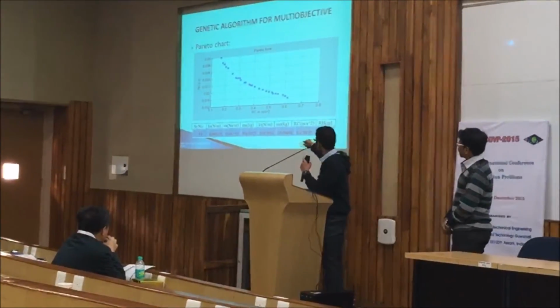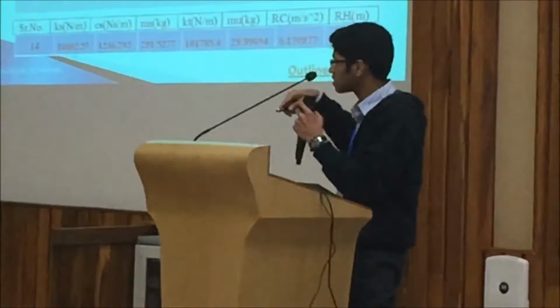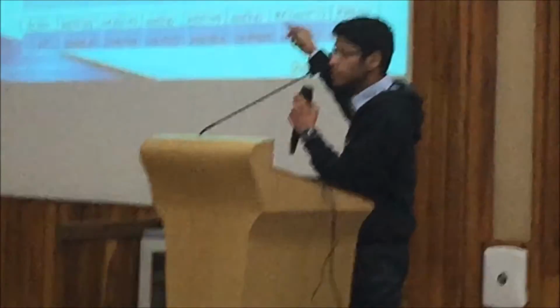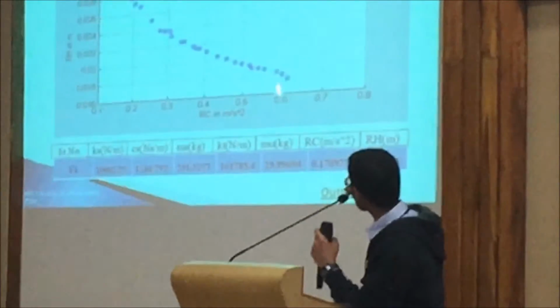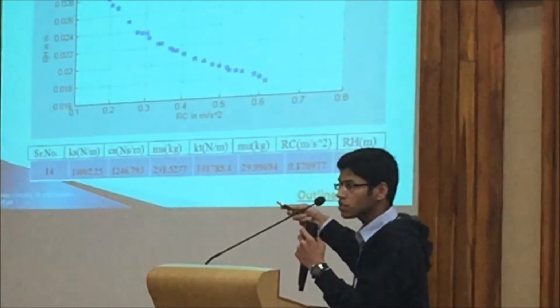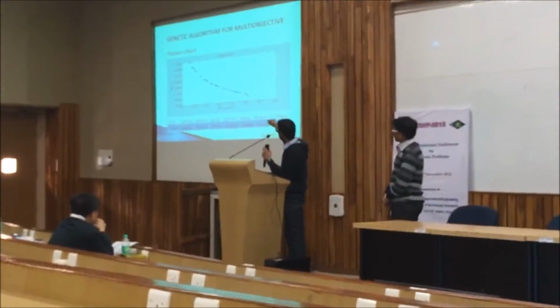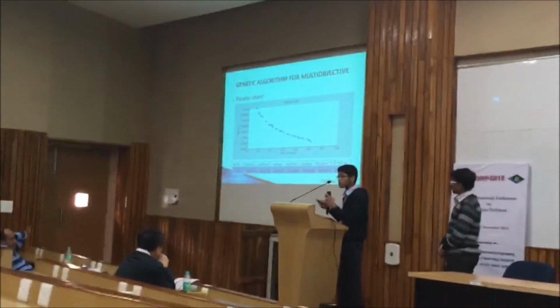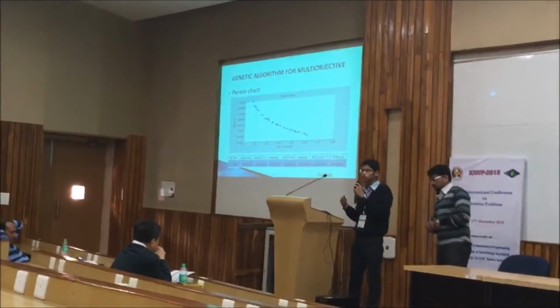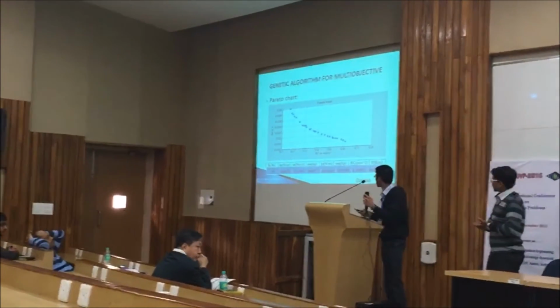In fact, on the x-axis it is sprung mass acceleration, and on the y-axis it is relative displacement. So this point indicates the best RH in the vehicle, and that point indicates the best RC in the vehicle. These are all totally optimized points, and we can select any one point according to our requirement.